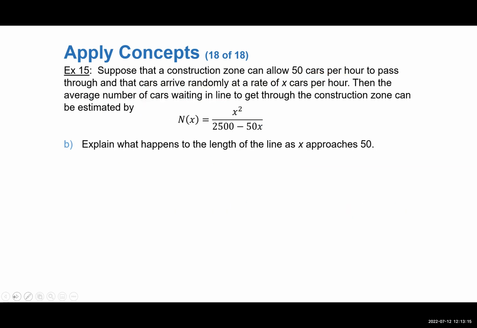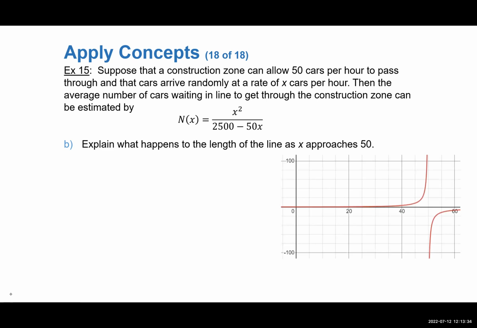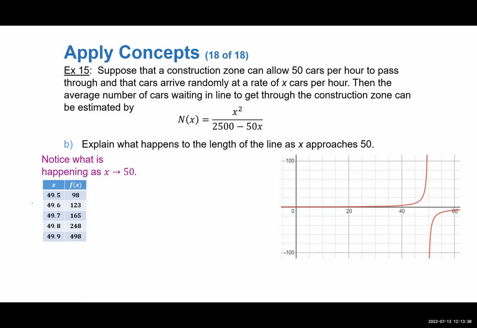It says explain what happens to the length of the line as x approaches 50. Well, if you think about this with common sense, the more cars that are arriving every hour means the slower the line is, so more cars will basically be waiting. So as we approach 50, which is the max, we know that more cars will be waiting.